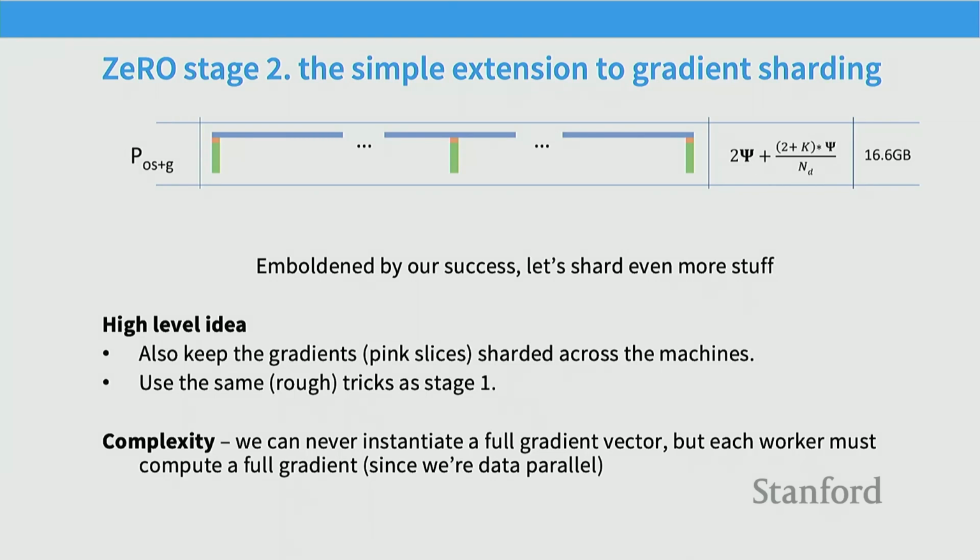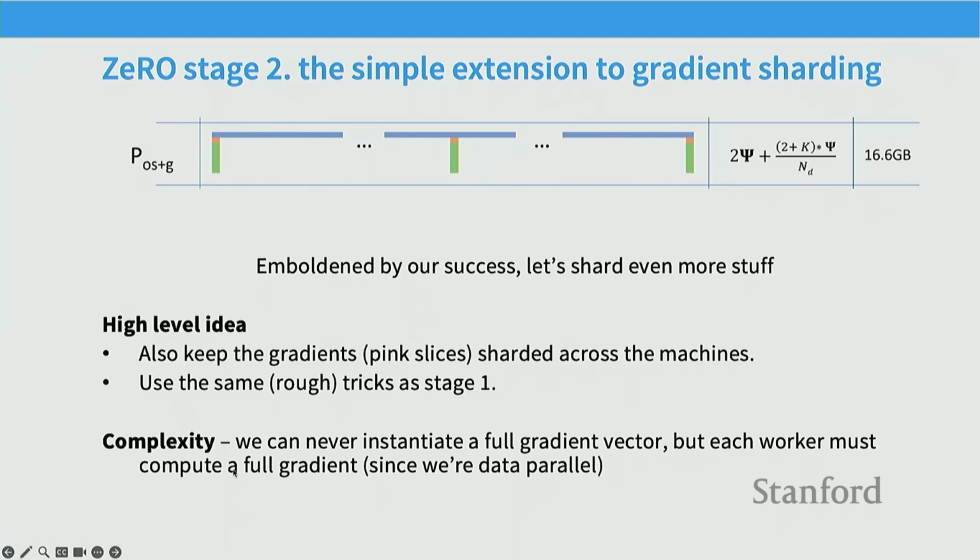And what's the additional complexity? Well, we can never instantiate a full gradient vector, right? If I ever do the full backwards pass and try to compute a full gradient vector, I might go out of memory, right? So I want my maximum memory usage to basically be bounded by this, which is full parameters, sharded gradient, sharded optimizer state.